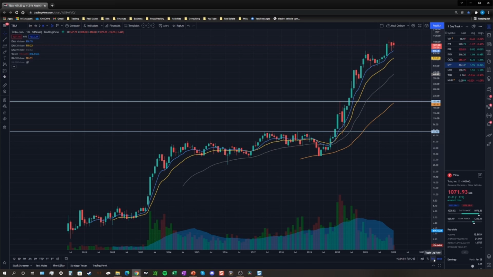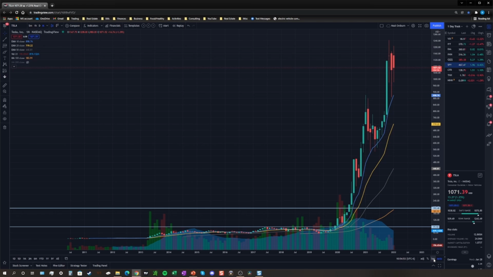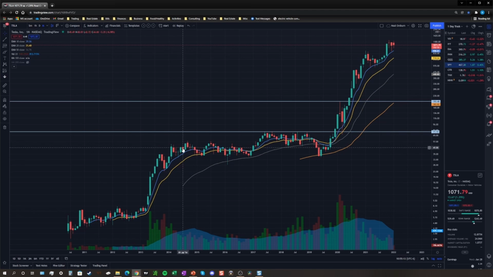If I turn off logarithmic scale, it just looks parabolic, because the past 2 years dominated the price in which it has increased so much. You don't even notice that bullish move it made back in 2013, right?